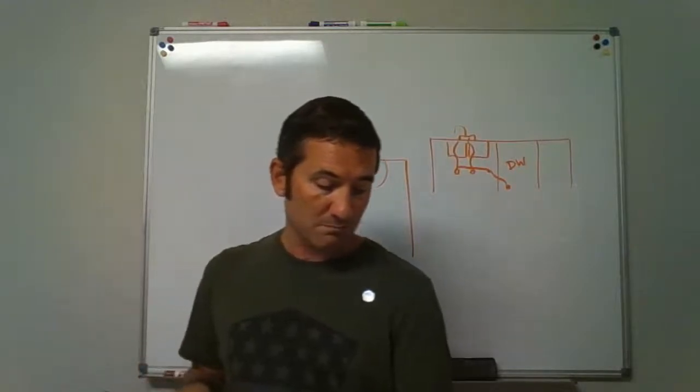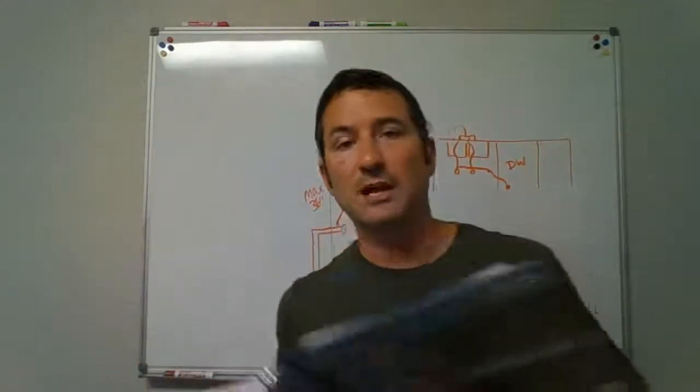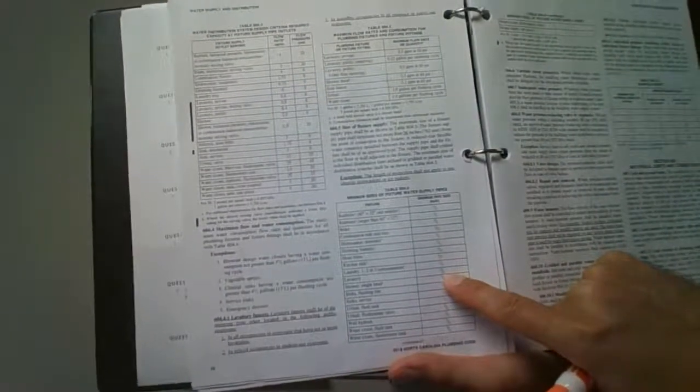Then they give you some minimum sizes of those supply lines. Another chart for you to look at. Minimum size of the water supply lines. Find your fixture. Let's just deal with that lavatory we're looking at. Find the lavatory. Come across, what's the minimum size? Oh, 3/8 of an inch. Smallest you can have on that. How about for a kitchen sink?